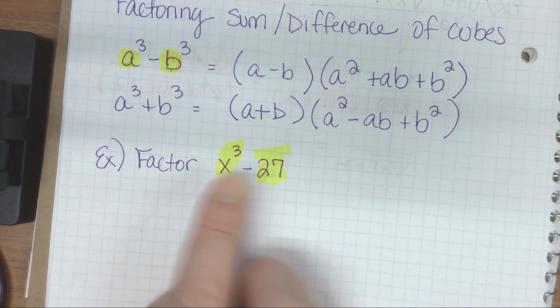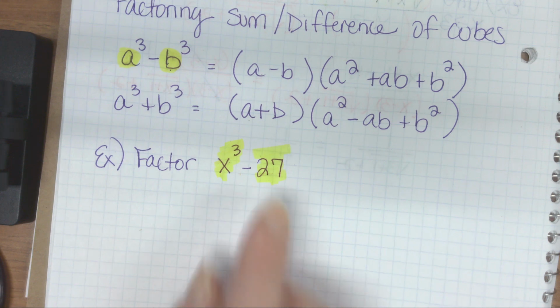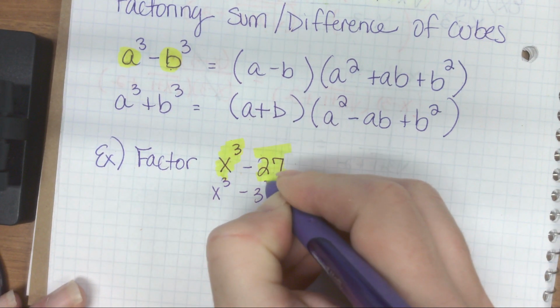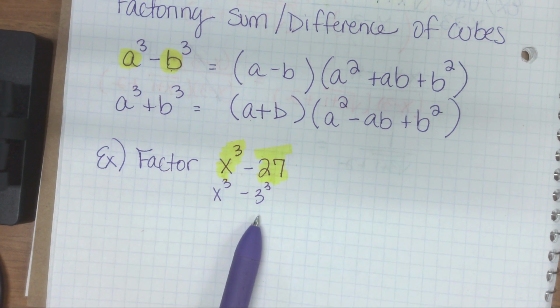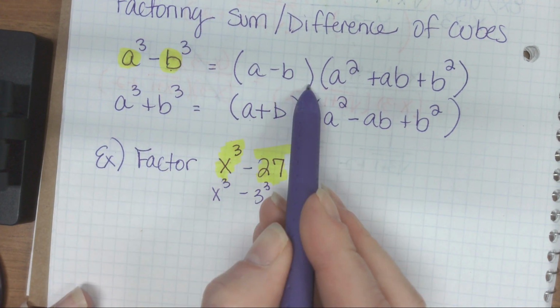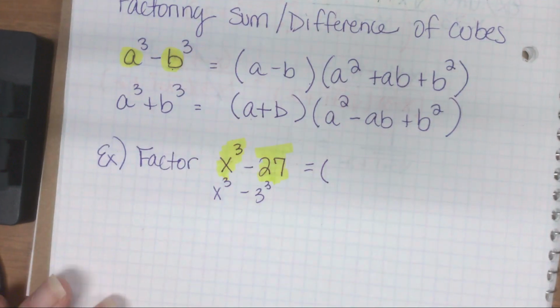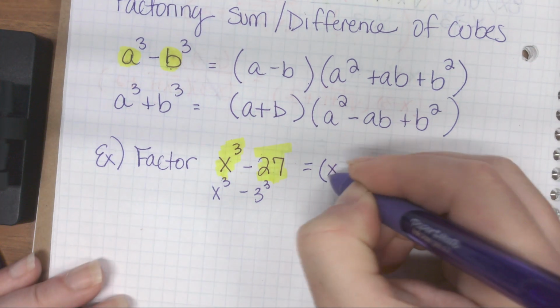And what's the cube root of 27? 3. So this is the same thing as x cubed minus 3 cubed. So my a and b are x and 3. All right, so the first factor would just be, what do you think? x minus 3, good.